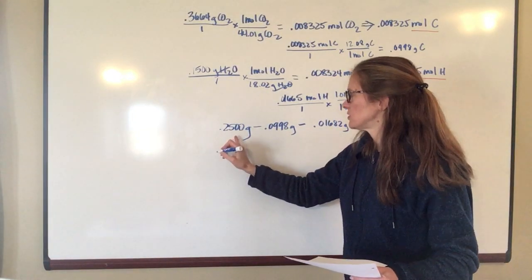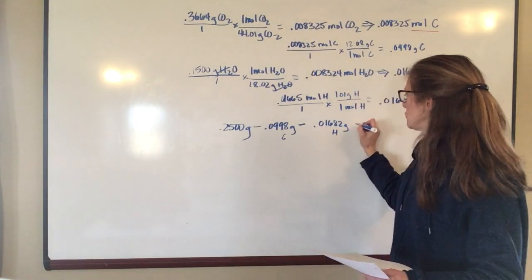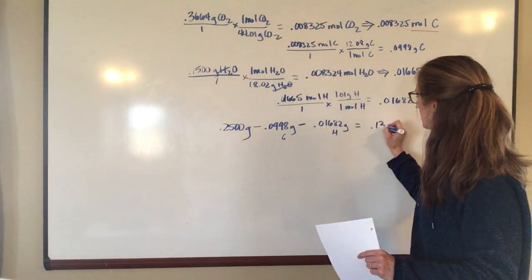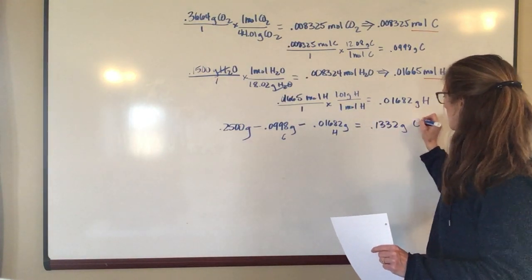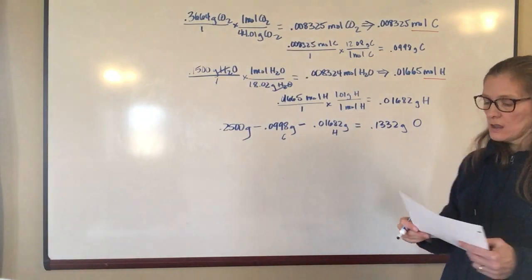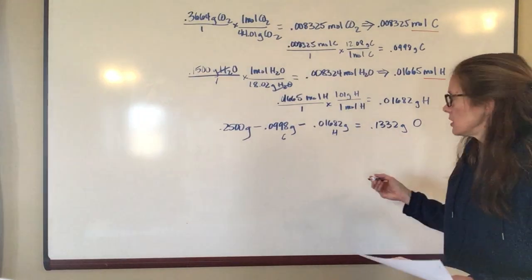Okay, so this was the whole compound, this was the carbon, this was the hydrogen, and so when I subtract that, that gives me 0.1332 grams, and that's grams of oxygen. Okay, so that's how much oxygen was in my initial compound.